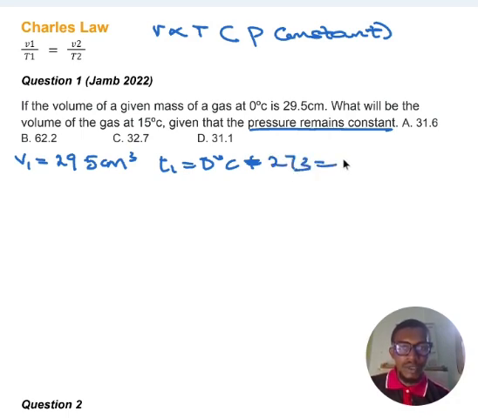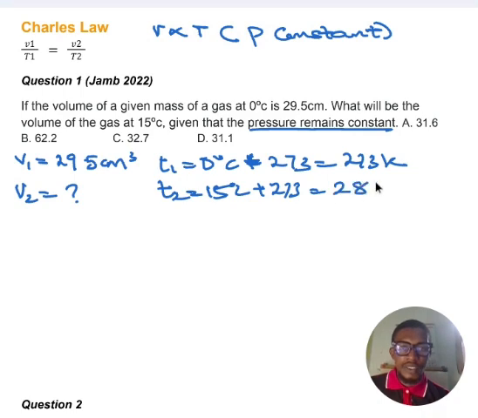So 0 plus 273 gives you 273 Kelvin. Your V2 is what you're looking for. You don't know it, and your T2 here is 15 degrees Celsius, so you add 273 to it, that will give you 288 Kelvin.